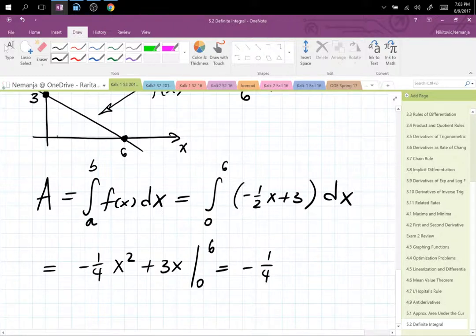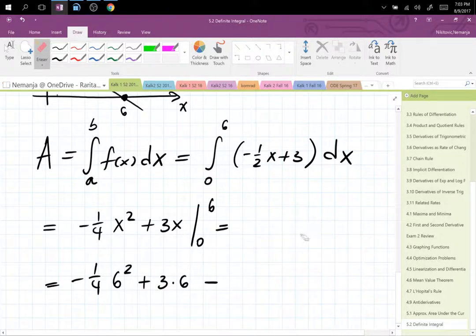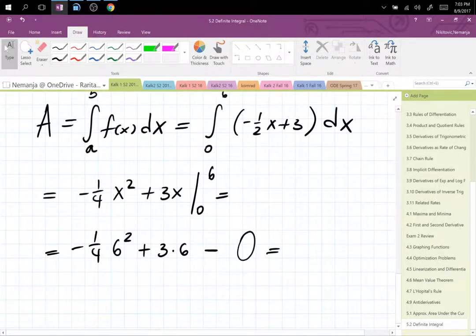I get negative 1/4 of 6 squared plus 3 times 6 minus, and now we're computing at 0. 0 is just going to kill everything, right? So I'm just going to put the big fat 0 there. 6 squared is 36 times 1/4 is negative 9 plus 6 times 3 is 18, and the answer is 9.